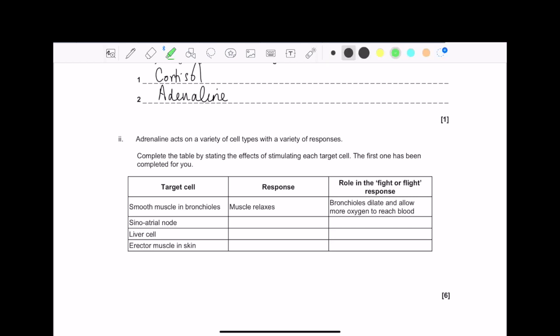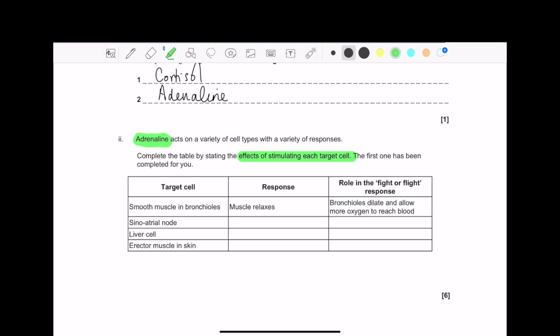I don't know if you guys noticed, but it says adrenaline. Now, if we're talking about adrenaline and its effects on the target cells, that means your response will be written in a different way. I wouldn't just write sinoatrial node, the response is firing impulses. No, I wouldn't. I would say it increases the rate of firing impulses.